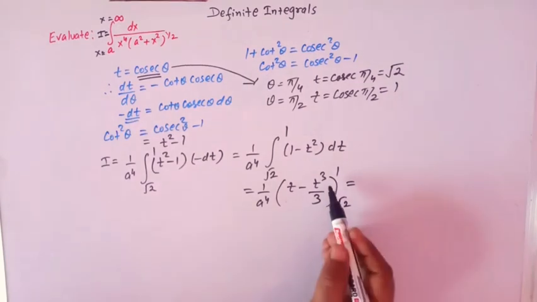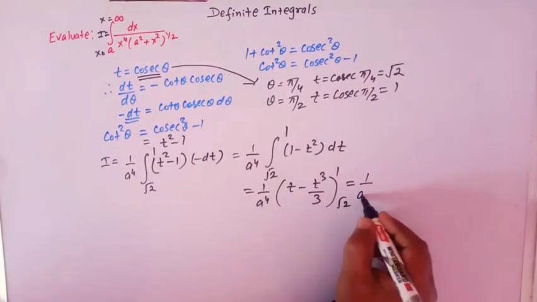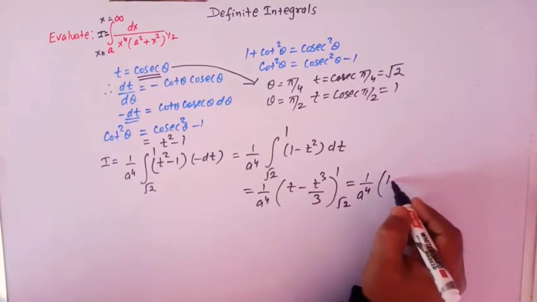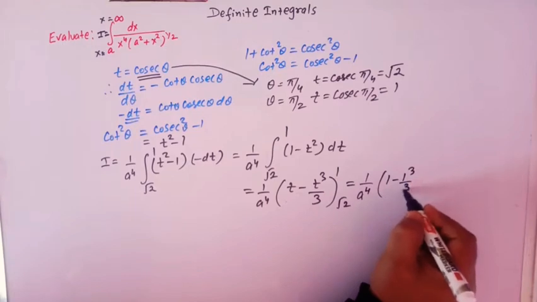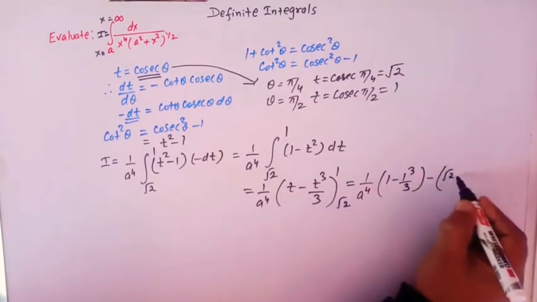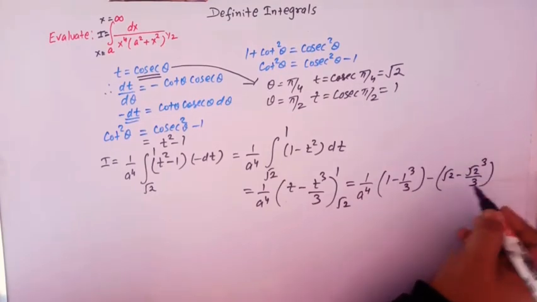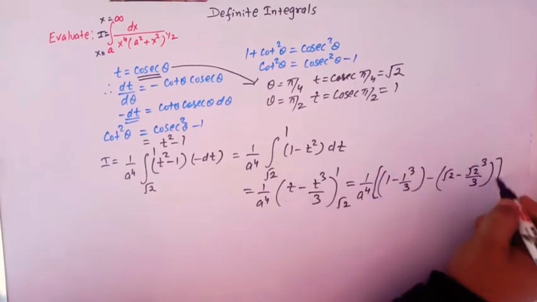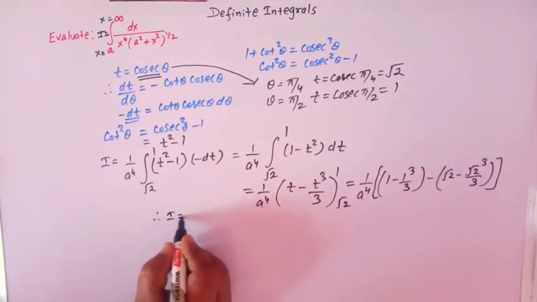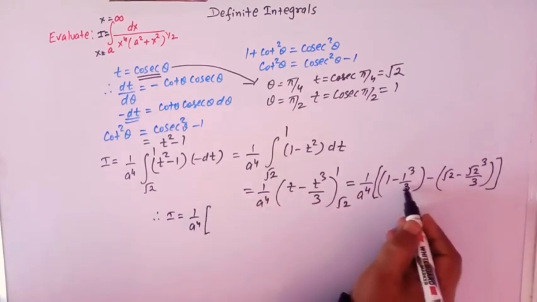Now we can substitute the limits and we'll take the difference. So we have 1 over a raised to 4, we have 1 minus 1 cube over 3 minus root 2 minus root 2 cube over 3, and here we have the brackets, right?